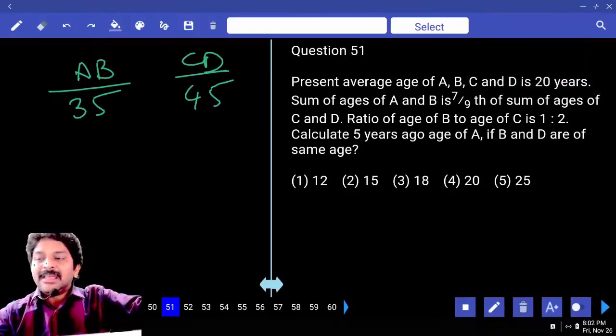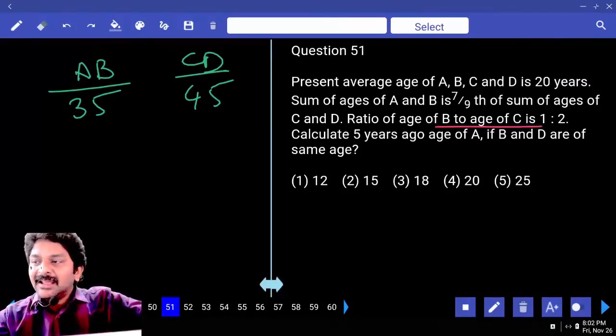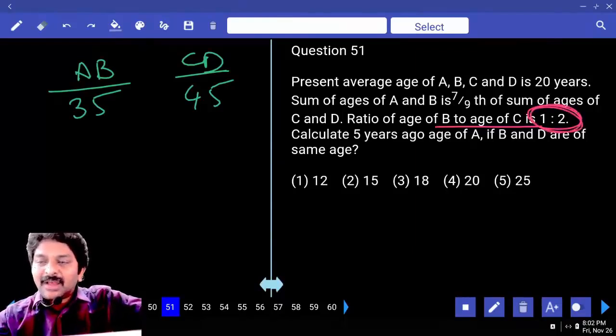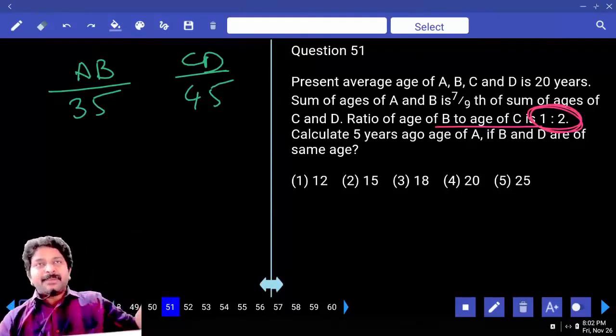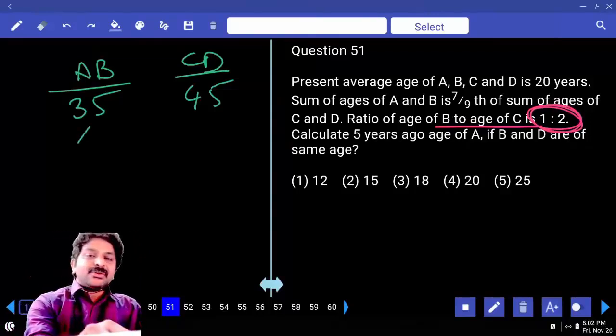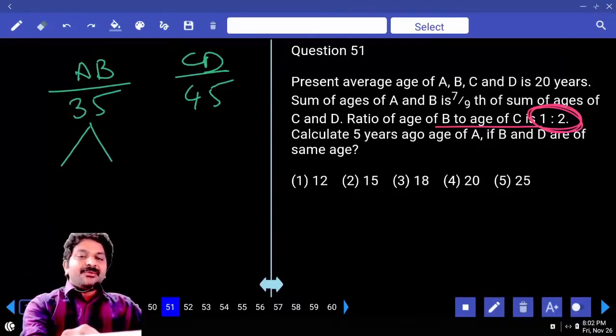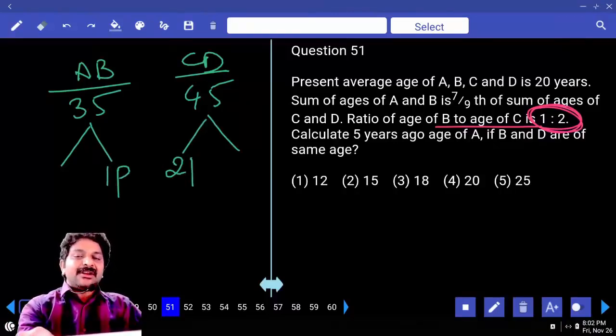Now you are given the ratio between B and C ages. Clear? How much is that? 1:2. That means can I take 1 part for B and 2 parts for C? So here we have B equal to 1 part, and for CD, the C value is equal to 2 parts. And what should I write here? D value.